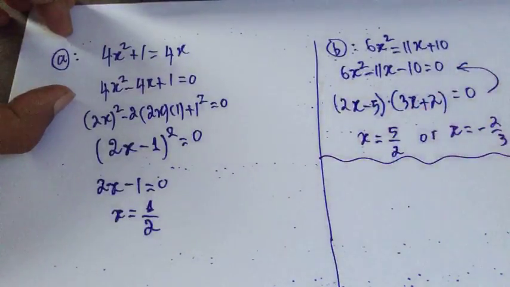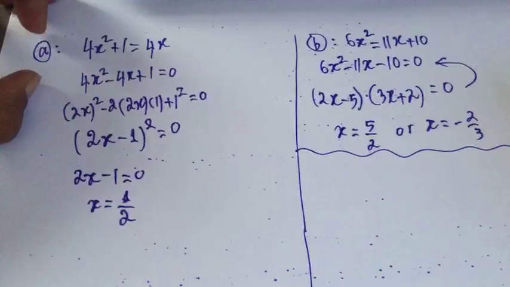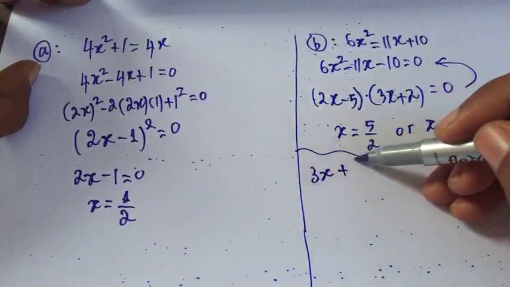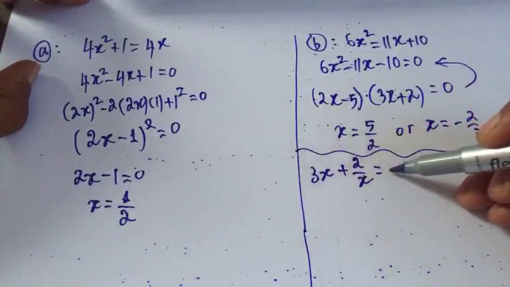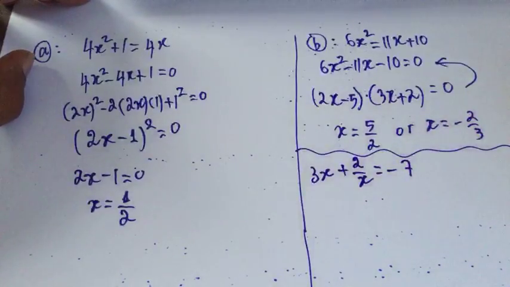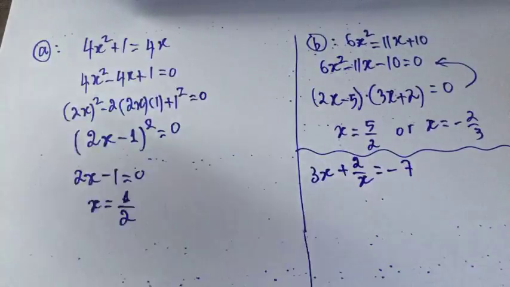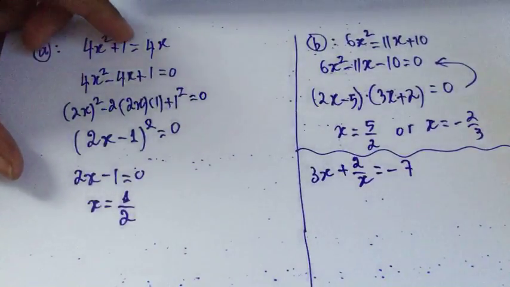Okay, one more question: solve 3x plus 2 divided by x equals minus 7.